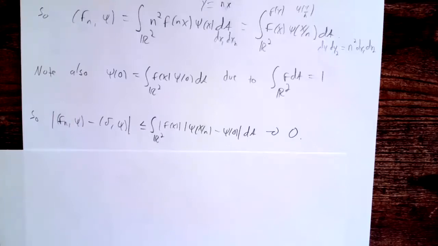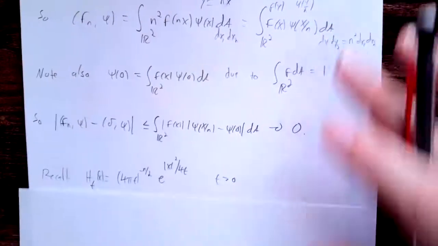Physicists and engineers are misspeaking by saying that Dirac delta is literally equal to a function with infinite spike. What they mean is that in the distributional sense, you interpret this function Fn as a distribution, you take its limit, and that limit will be Dirac delta. So it's just what we've done.